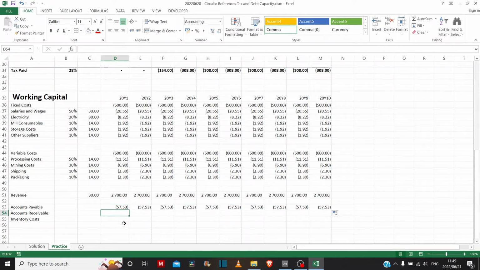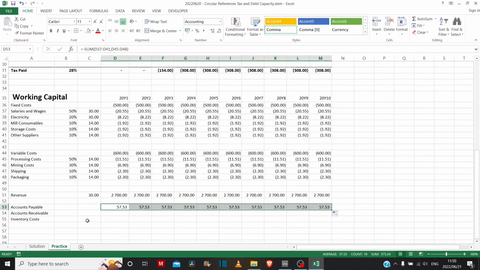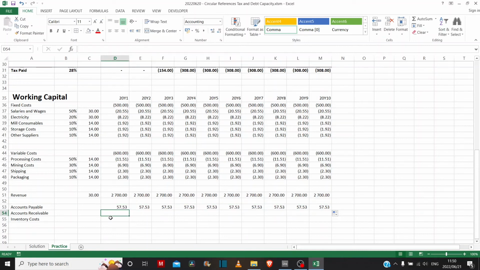For accounts receivable, this is money that is owed to us. So this is money that is sitting outside of our bank account, with our customers. Remember, I said that I'm treating payables as an inflow because it's money sitting in our bank accounts that is due to other people. Now I'm going to treat accounts receivable as a negative because it's money sitting with our customers that is not in our bank accounts.